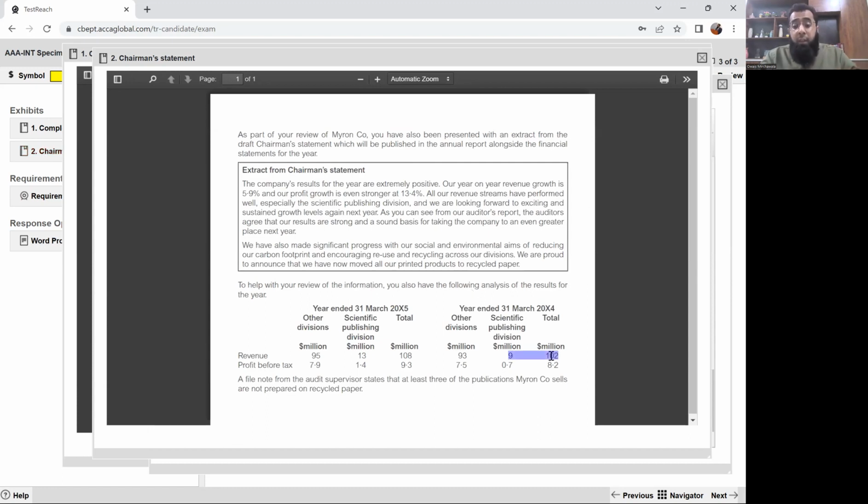The revenue in the previous year was 102. In the current year, it's $108 million. So the growth is 6 million, but the scientific publishing division has increased from 9 to 13, which is a contribution of $4 million. Similarly, profit before tax has increased from 8.2 to 9.3 million, which is a growth of $1.1 million, and in that also, the scientific publishing division has contributed $0.7 million.